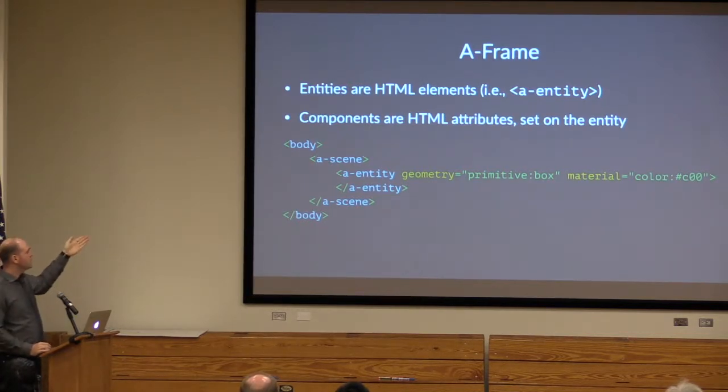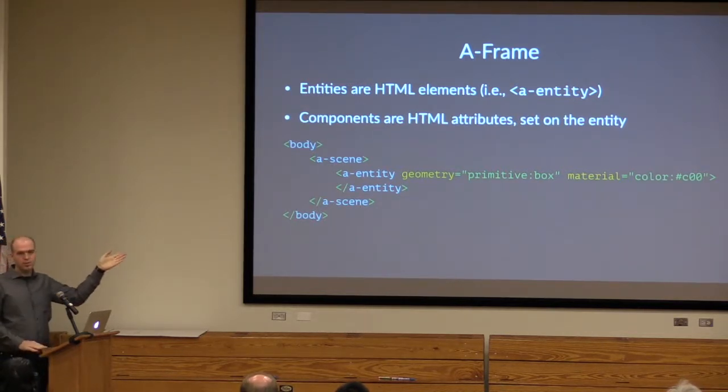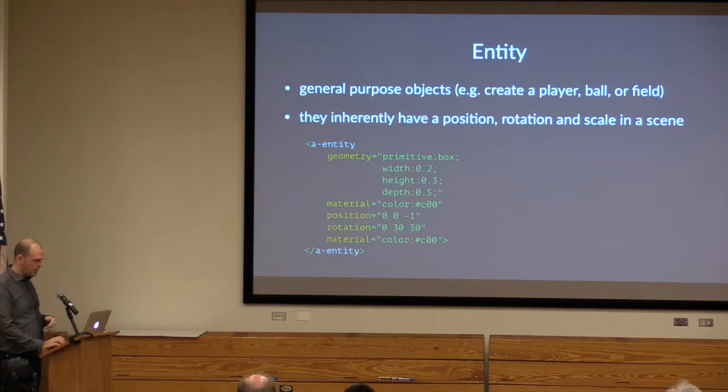And the components are used like attributes, like geometry, and then you have the variables inside of the attributes, which are chaining down the component. You can add endless amounts of components to an entity.